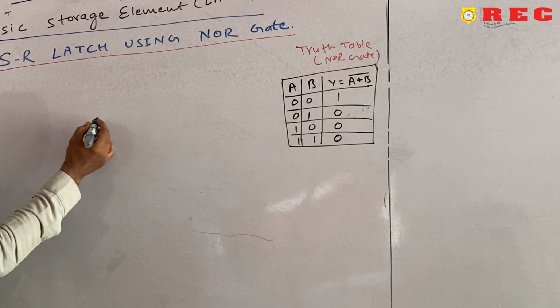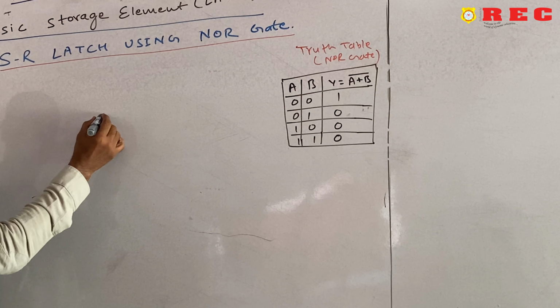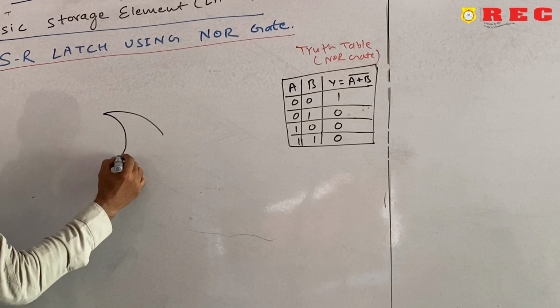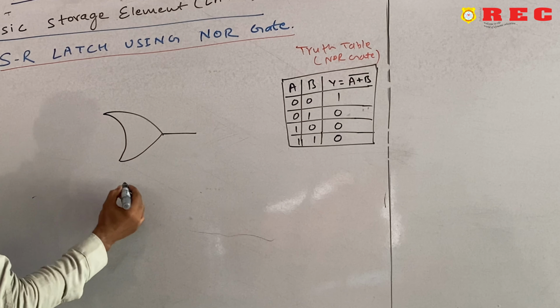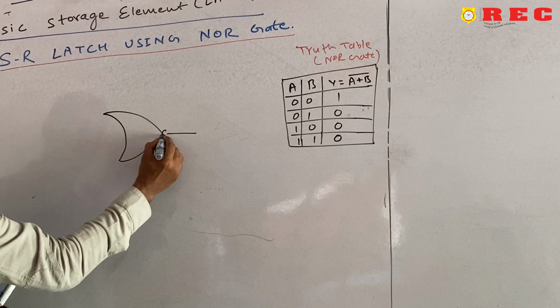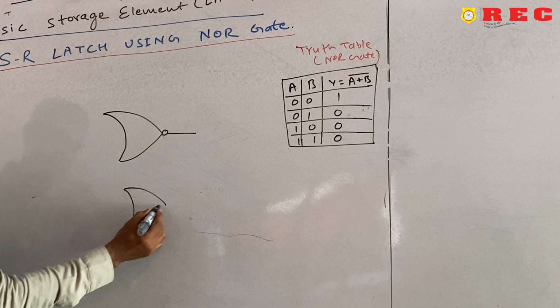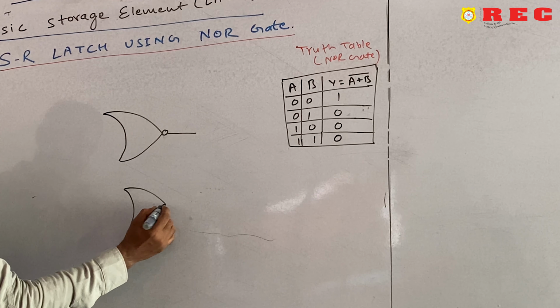Let us see now, we are going to make the circuit of SR latch. We are using this NOR gate, this is the symbol of NOR gate, sorry, here should be the bubble, and this is another NOR gate.